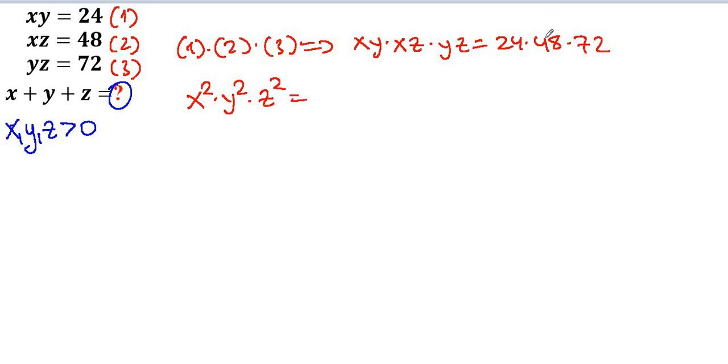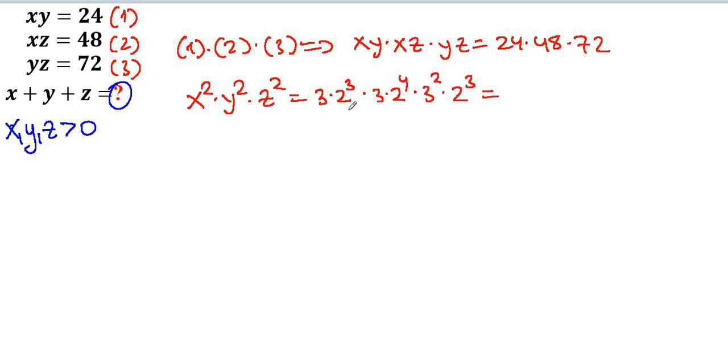To get it we have to factor into prime factors. So we know that 24 is 3 times 2 to the power of 3, and 48 is 3 times 2 to the power of 4, and 72 is 3 squared times 2 cubed.